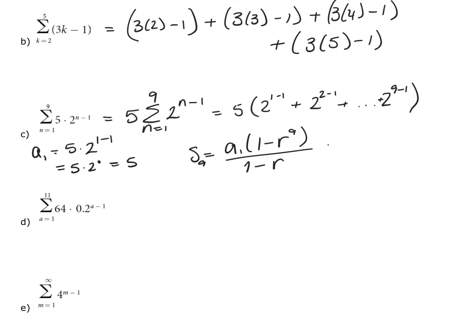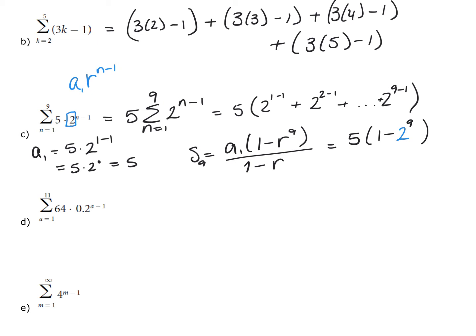My first term is, of course, 5, times 1 minus, now my r is 2, so this is 2 raised to the 9th. And I know that's what my ratio is because of how I identified my geometric sequence. My geometric sequence had the a sub 1 times r raised to the n minus 1.